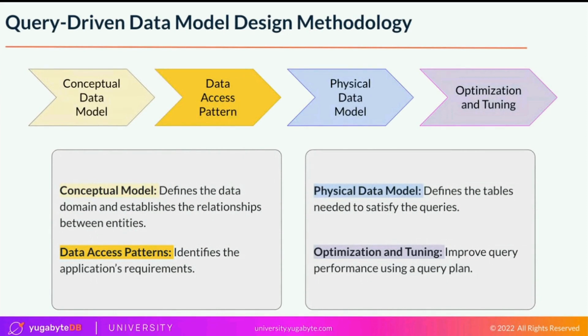So in your traditional relational databases, a lot of the data model is actually driven by what the data looks like. So it's more of a data-driven model. So in a query-driven data model, you'll determine how the application will actually access and query the database. So by defining the application's queries first, you can really design the data model to satisfy these queries as efficiently as possible. So that's really the kit and caboodle, the big takeaway.